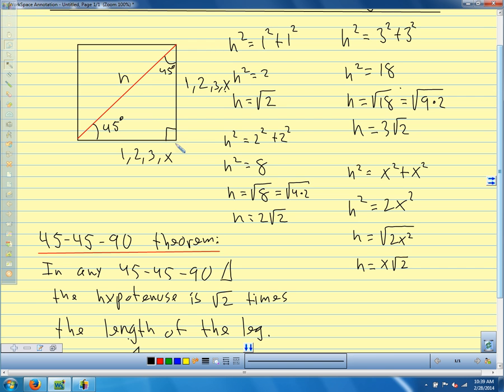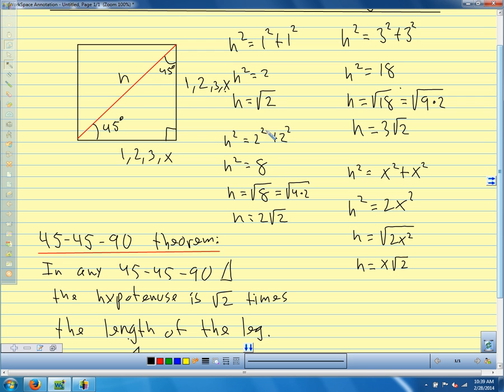So the legend has it that the Pythagoreans killed Hippasus for wanting to spread that idea to the rest of the world. So mathematics can be a pretty high stakes game, even when it comes to something as easy as the length of the diagonal of a square. So, interesting story that has to do with the Pythagorean theorem and square root of 2.